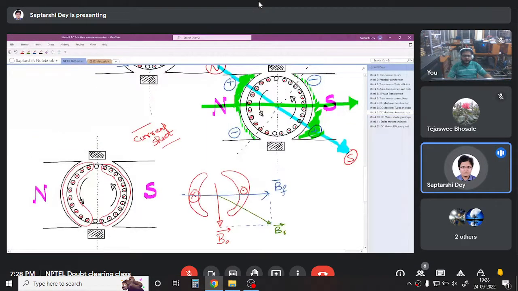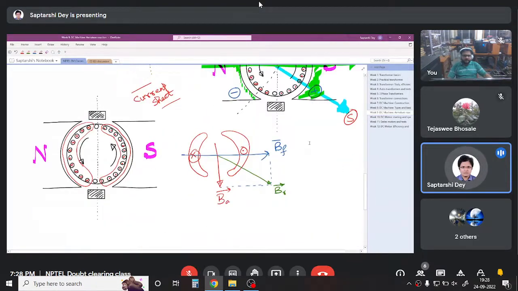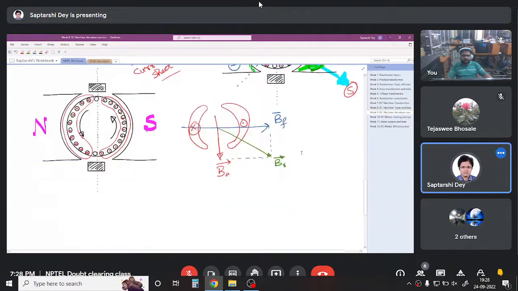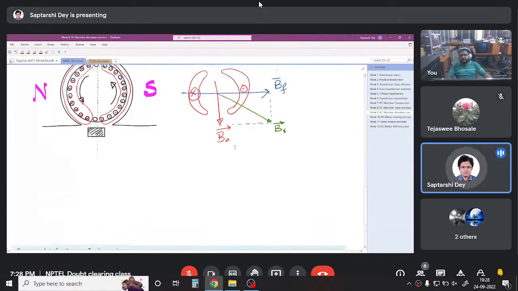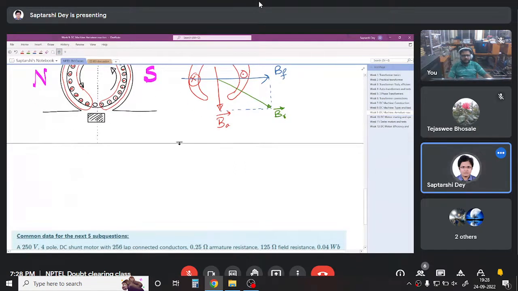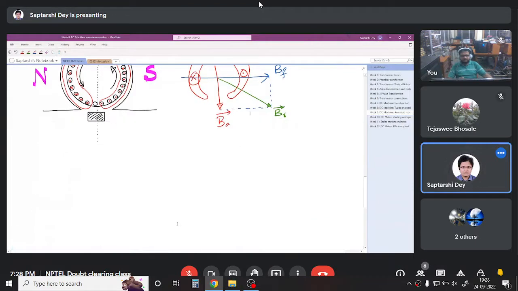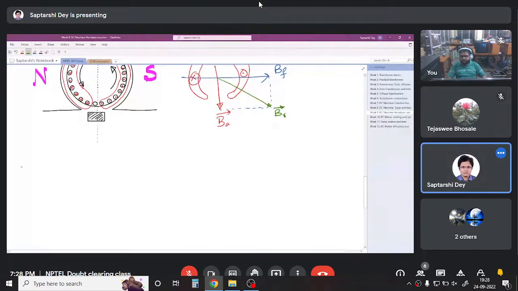So you see here, whatever we got from our discussion on armature reaction is nothing but the resultant of the two fields acting on the same place. Obviously there will be a resultant field, which is what we see at the end. Now we are going to qualitatively analyze what the effects of armature reaction are.